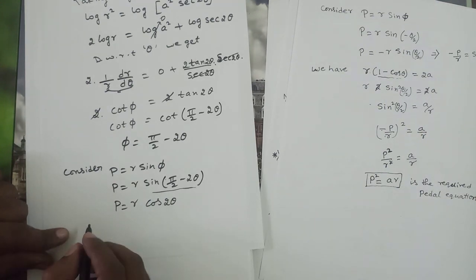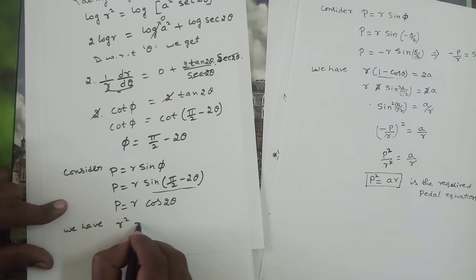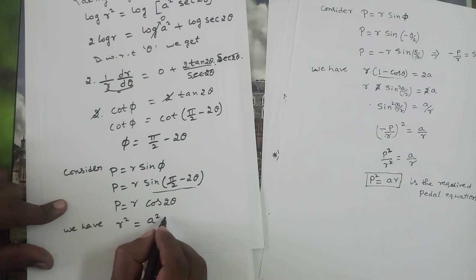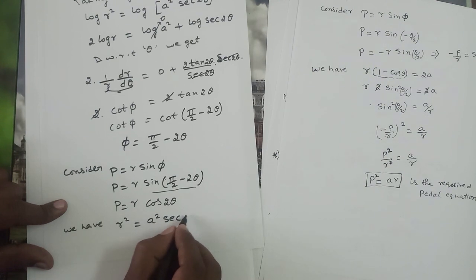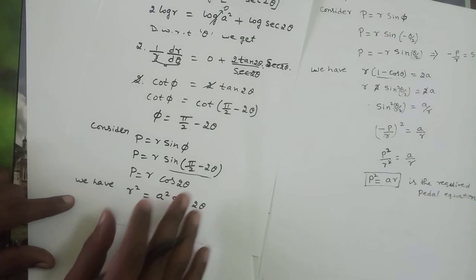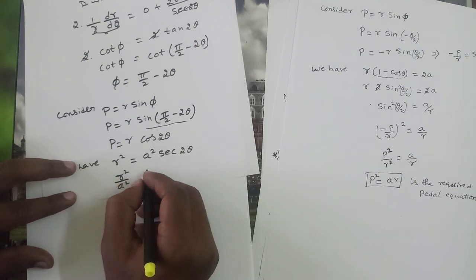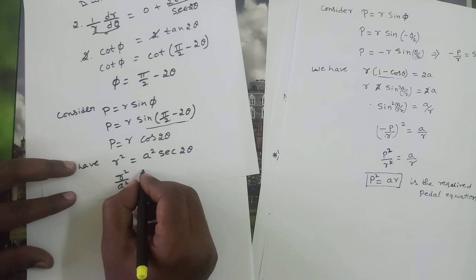Now we have to consider the equation: r square is equal to a square into secant 2 theta.